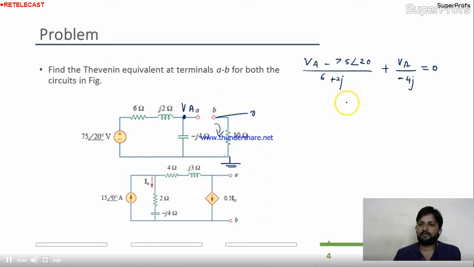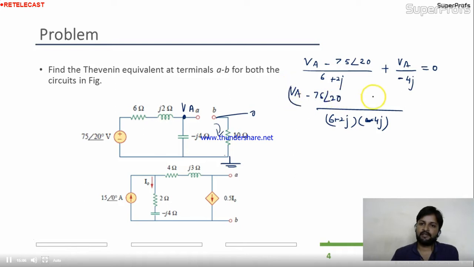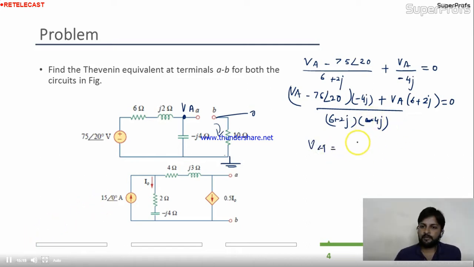So at the end you can take 6 plus 2j and minus 4j, so it will be (VA minus 75 at an angle 20) multiplied by minus 4j plus VA times (6 plus 2j). So we'll solve for VA. You will get some value. When you calculate this value, it will be 47.42 minus 51.57. This is your VTH.